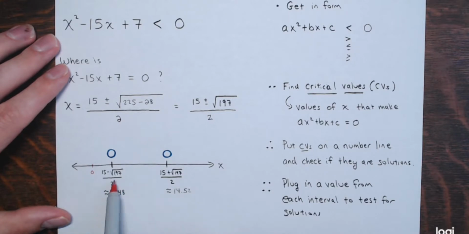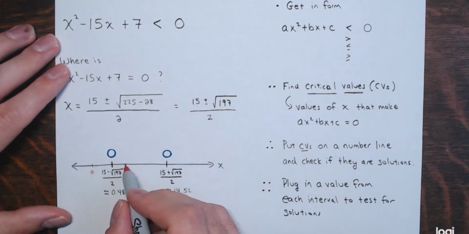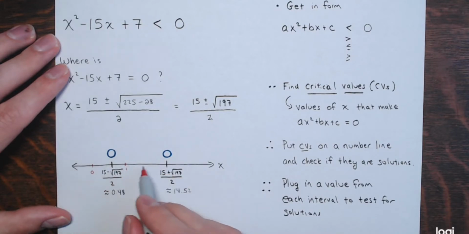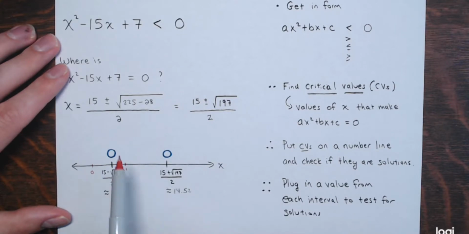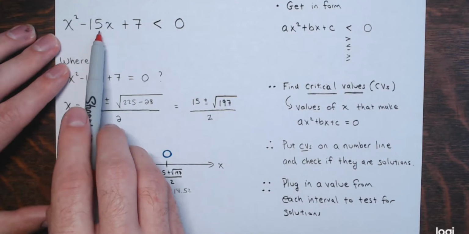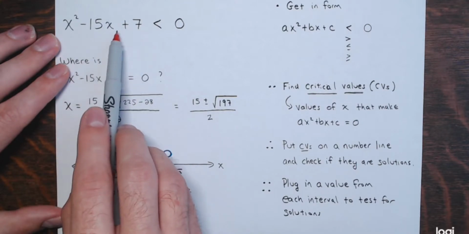Then between these two numbers, about 0.48 to about 14.52, I'll pick 1. The number 1 is in there, or 2 or 3 or 14, whatever. Now if I plug in 1, we'd have 1 minus 15 would be negative 14, plus 7 would be negative 7 is less than 0. That's true.